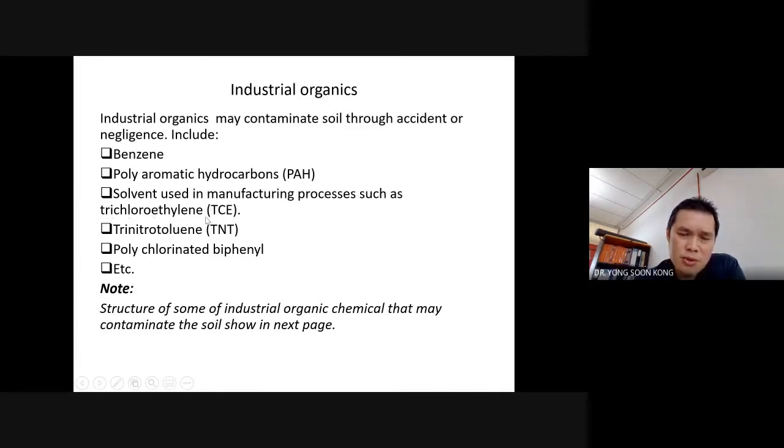trichloroethylene. Now this one, I'm not sure where it is used, but a lot of solvents have been used in manufacturing. For example, in the production of electronics, they have a motherboard, isn't it? Most of the time, this motherboard is handled by humans. They have fingerprints. At some point, they have to make sure that there is no human oil, no contaminants on the motherboard.